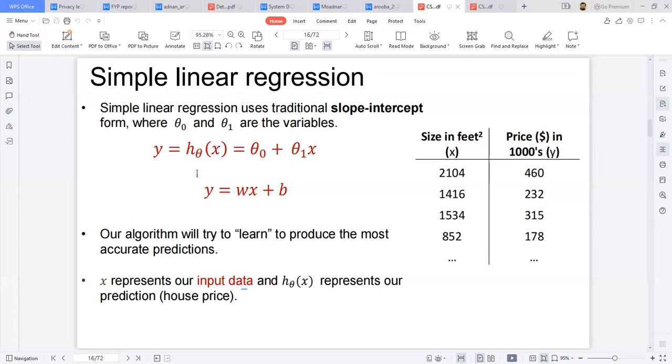If you see here, they have just used different symbols. For example, W represents theta 1 and theta naught we can just call b. Your professor has picked some equations from some place and some equations from another place, so that's why it's like this.